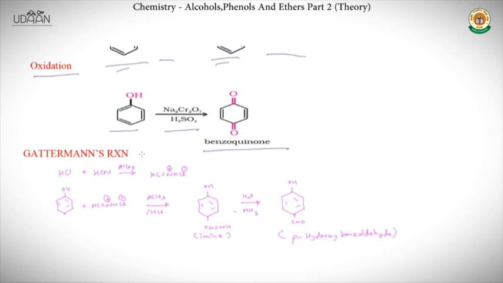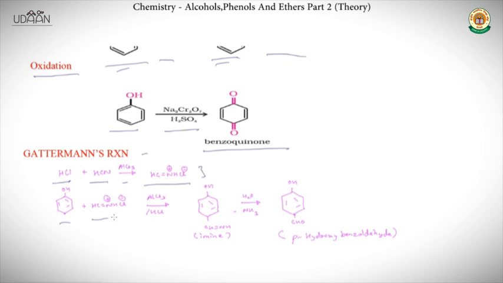And let us see what is the Gattermann reaction. In Gattermann's reaction, HCl is first added with HCN, which is a cyanide group, also known as hydrogen cyanide, in presence of AlCl3, aluminium chloride, to form the reactive species, and you can see how it is written.